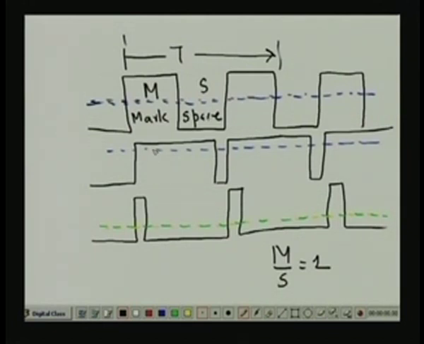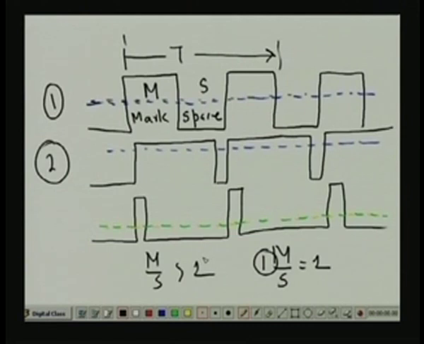Now, here you will see that the mark to space ratio is 1. This is case 1. In case 2 we made M by S greater than 1, that is, the average is going up, right. And in case 3, if you look very carefully, M by S is less than 1.